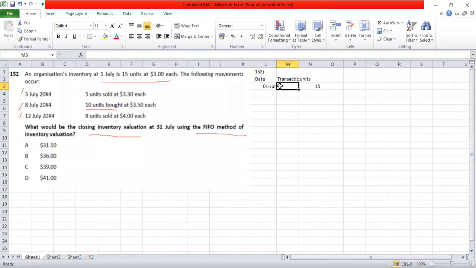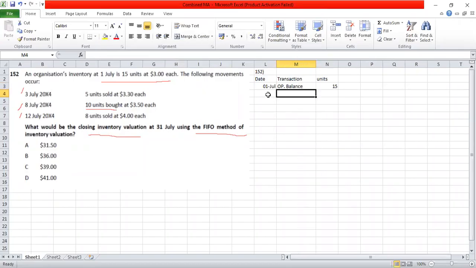This is opening balance. Next date is 3rd July. What was the transaction? The transaction was about sale. So how many units did they sell? They sold 5 units. So what's the balance of units which are there? From the first lot of 15 units, 5 are sold, so the balance remaining is 10.